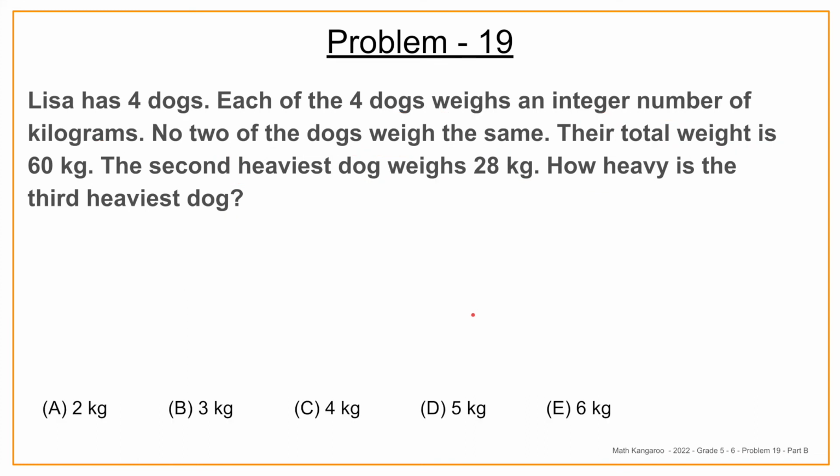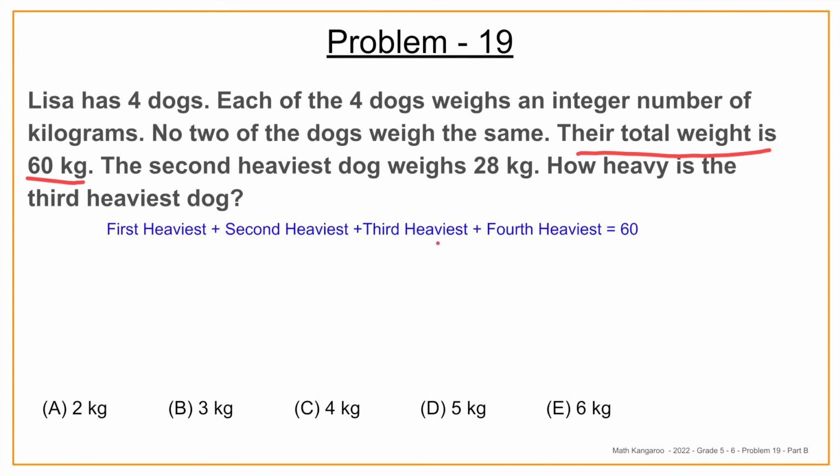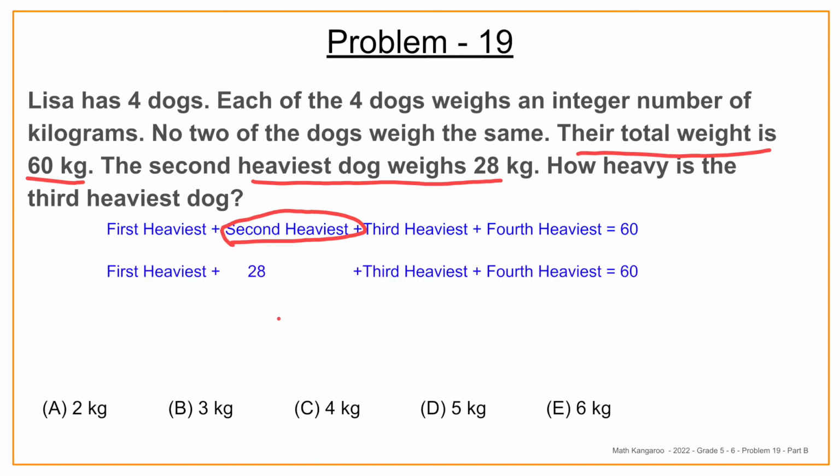So we have the sum of all the dogs is 60 kg. So we say first heaviest, second heaviest, third heaviest and fourth heaviest equals 60 kg. Now we know the second heaviest dog weighs 28. That is, this dog will weigh 28 kg.